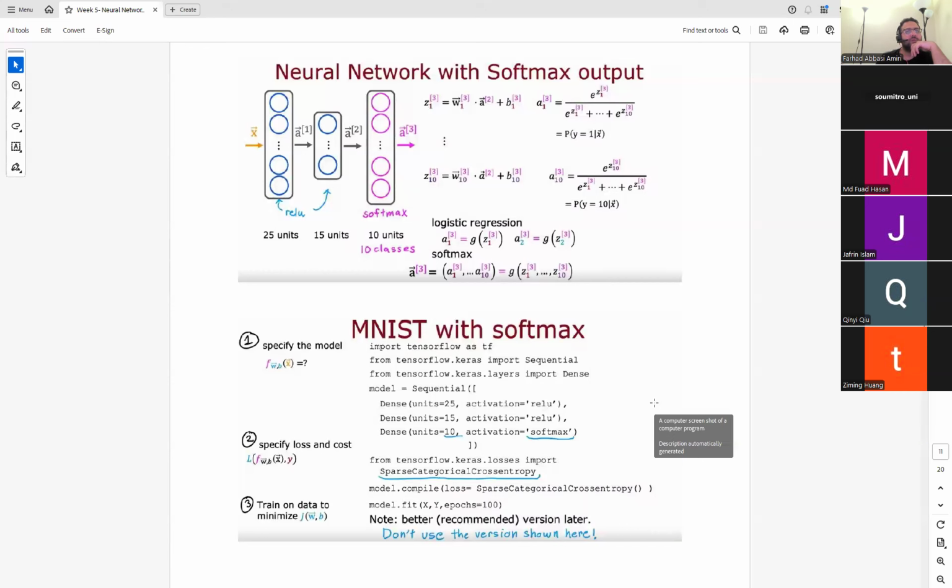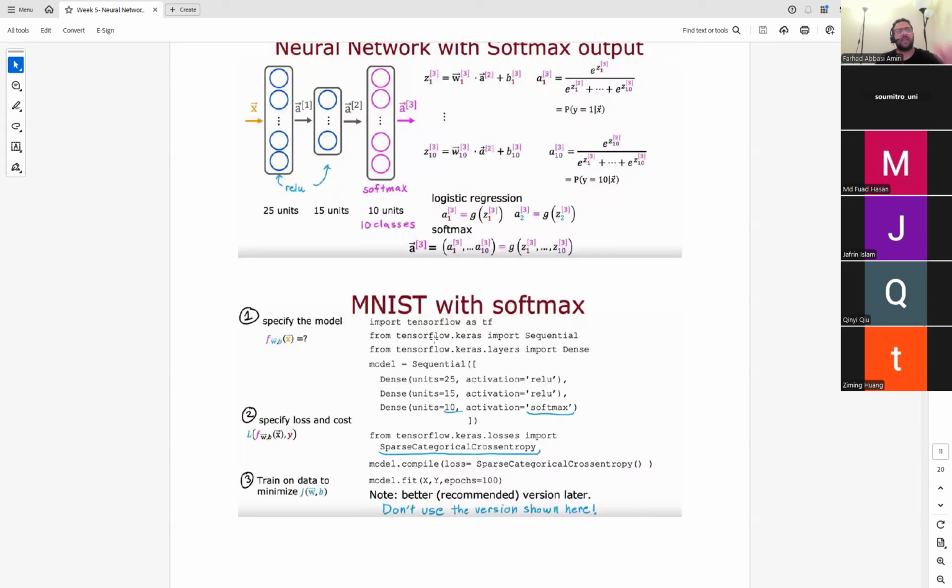So if you want to write the code for multi-class classification, again, you import TensorFlow as tf. From tensorflow.keras import Sequential. From tensorflow.keras.layers import Dense, and then create your neural network model, which is the Sequential of 3 layers. I'm talking about this structure.